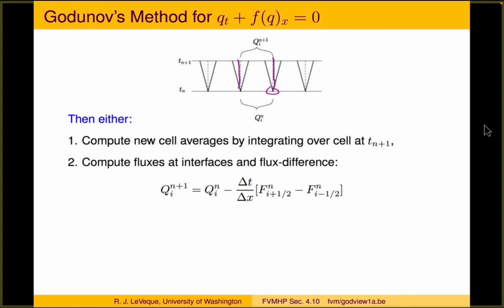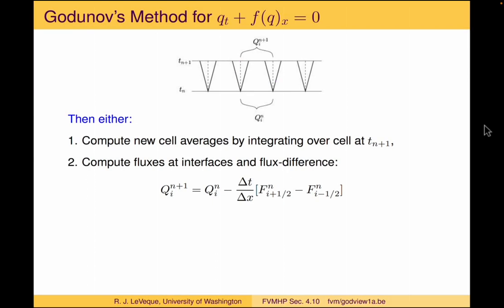And so if we remember the previous formula that the new cell average is the old cell average as updated by integrals in time of the fluxes at the interface, that's relatively easy to compute because the flux at the interface is constant in time. And so if we just know what that value is coming out of the Riemann problem, we can actually use that as our numerical flux in this flux differencing scheme. So that's a very useful way to look at it in some contexts, and we'll look at some methods that are developed directly on that idea.